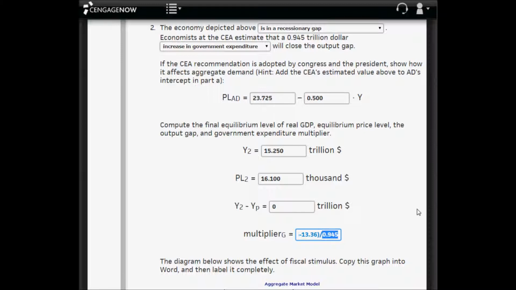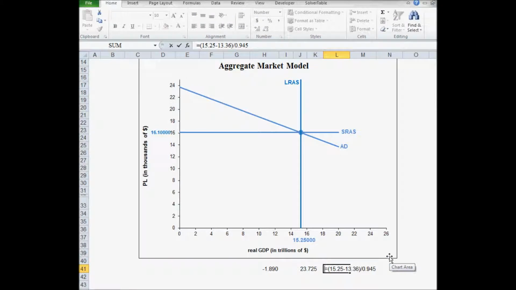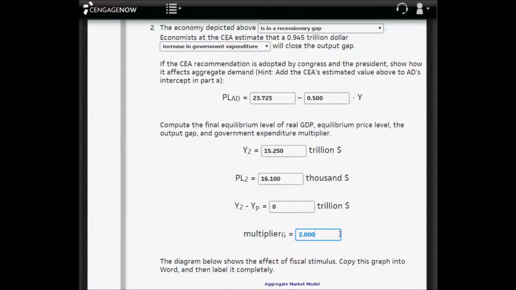So we have the increase in government expenditure divided into the change in GDP. So the multiplier is, again, equal to the increase in GDP over the increase in government expenditure. It is equal to 2 in this case.